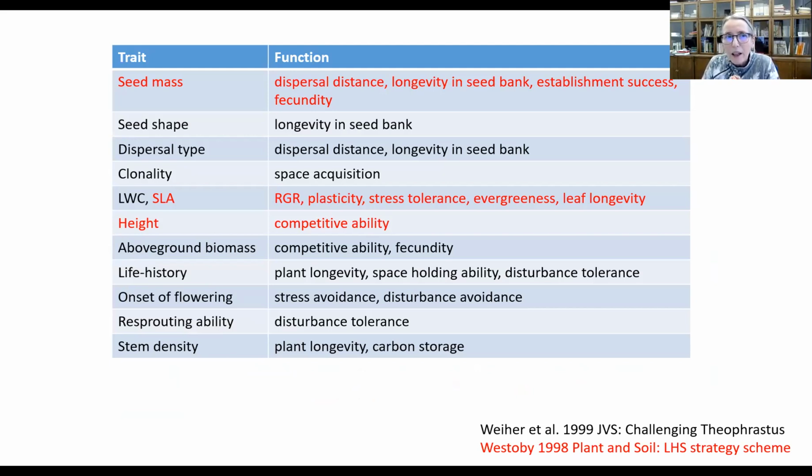And using this, you will get information about plant strategies. And why use only a few traits? Because anyway, these traits are coordinated or correlated together. So selecting proper ones, you get the whole diversity of plant functions.